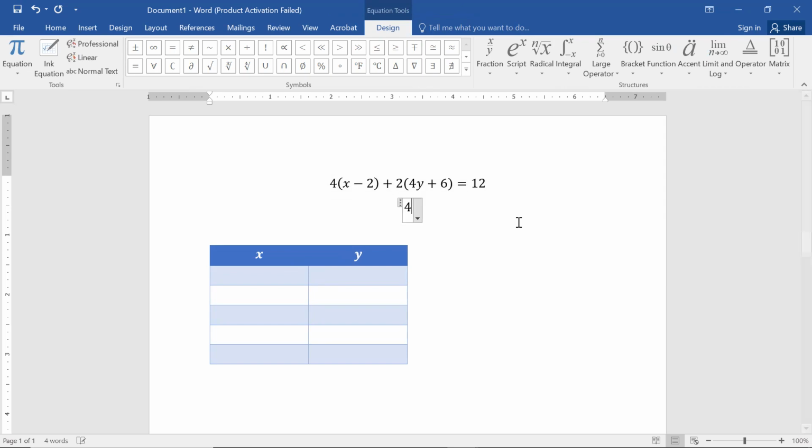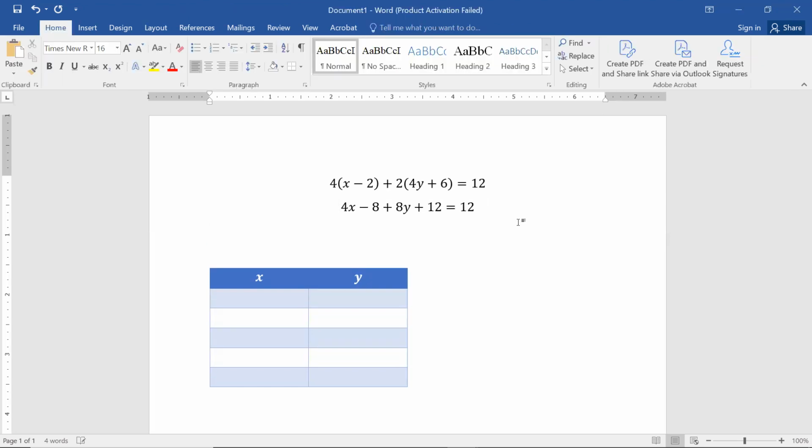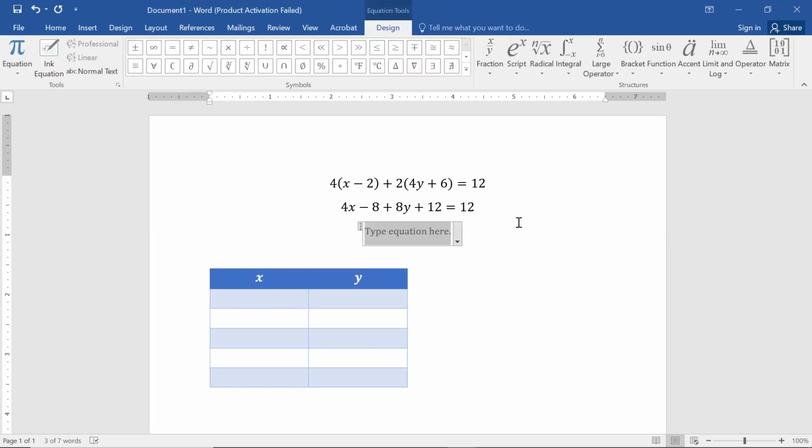The distributive property gives me 4x minus 8 plus 8y plus 12 equaling 12. Combining like terms on the left-hand side gives 4x plus 8y plus 4 is equal to 12.